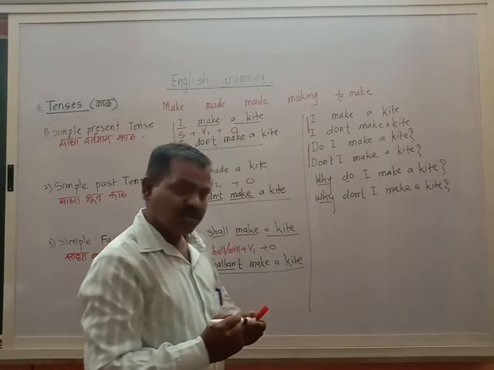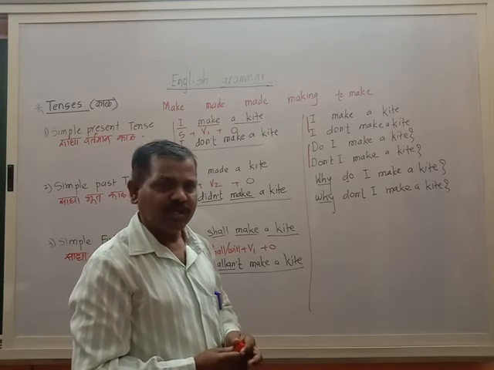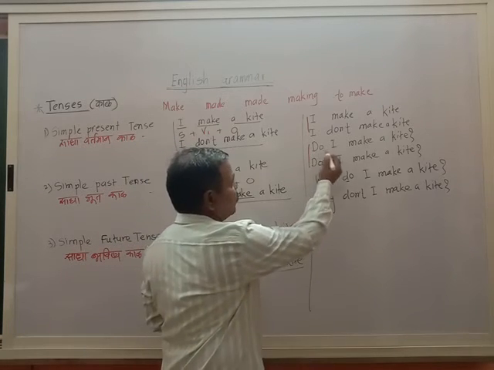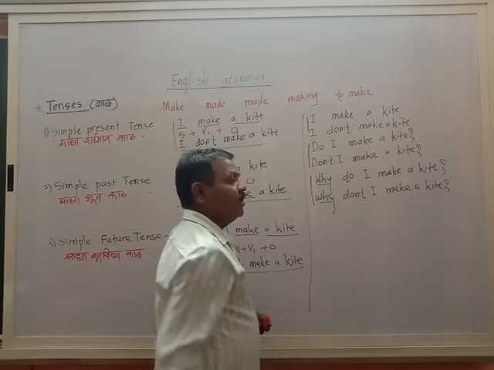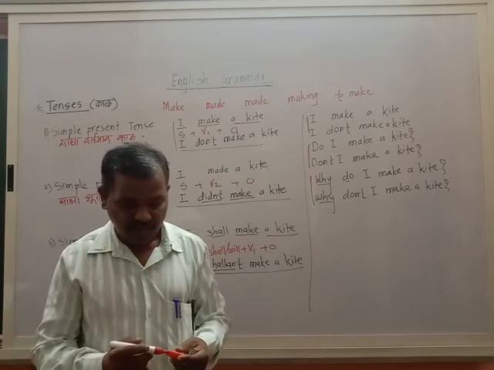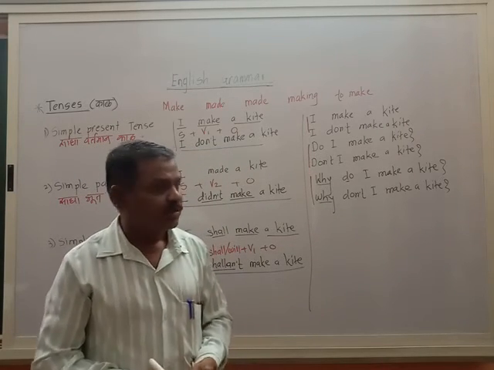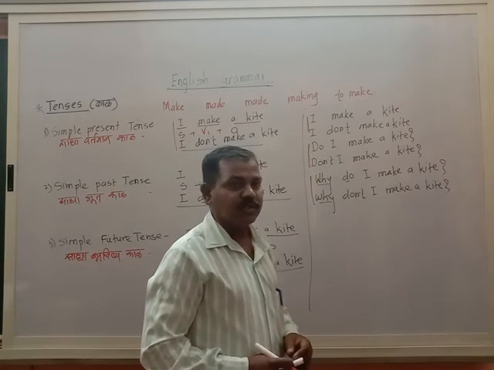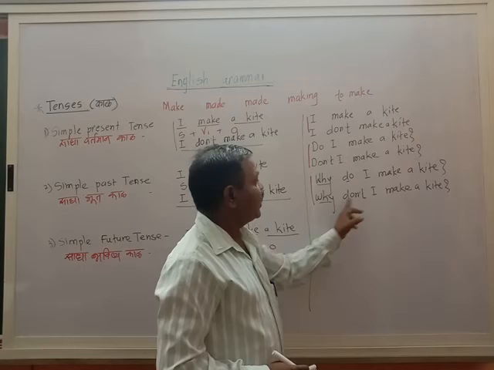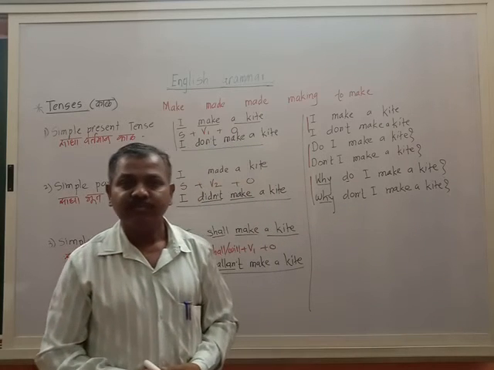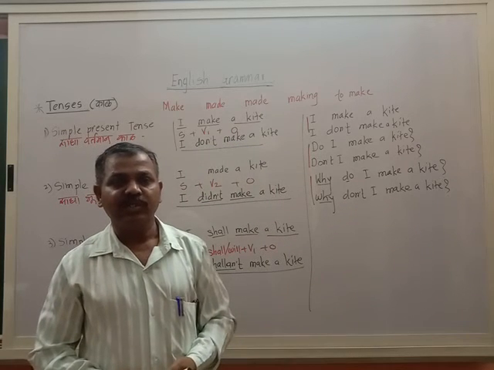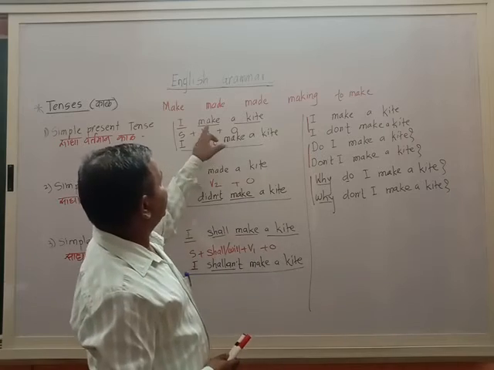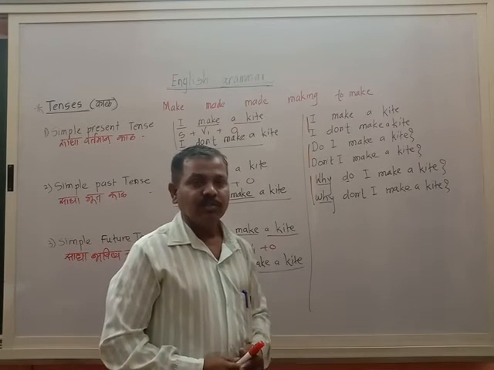Nothing very complicated is there. The first step is how to make a verbal question. Then the addition of the WH word makes the information question. See, do I? Why do I make a kite? Don't I? Why don't I make a kite? Simple addition is there. In this way, one sentence is changed into 6 forms.